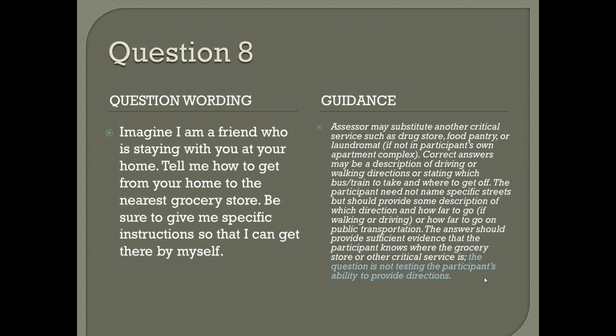So, okay, somebody says that they go with their family in their car, so they get a ride. So for Cal, that would be considered incorrect. If they can describe the area in which the store is located, maybe which part of town it's in, maybe they can tell you things that are nearby.